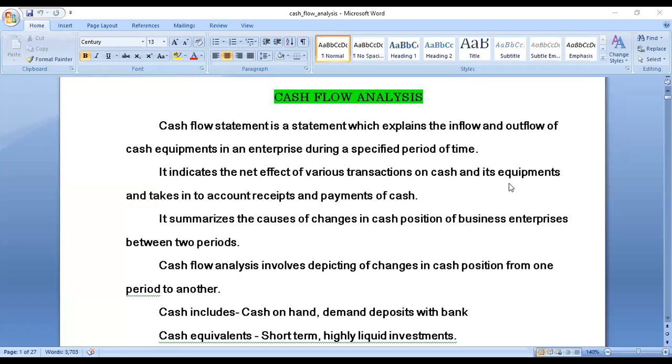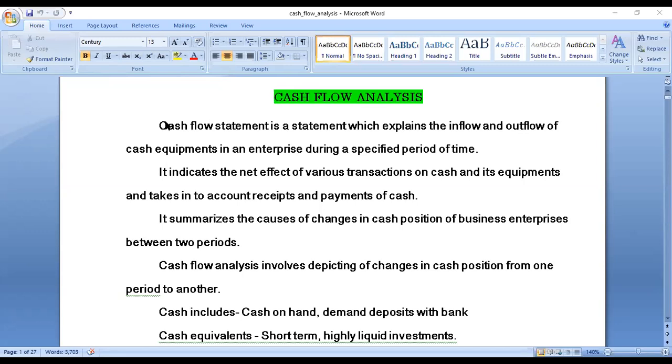Cash flow statement or cash flow analysis are the same. Cash flow analysis means, first, a cash flow statement is a statement which explains the inflow and outflow of cash equivalents.